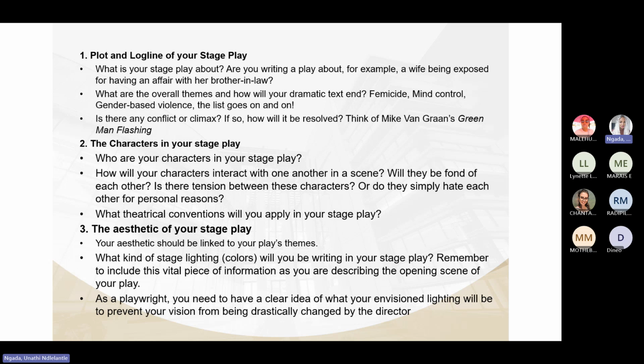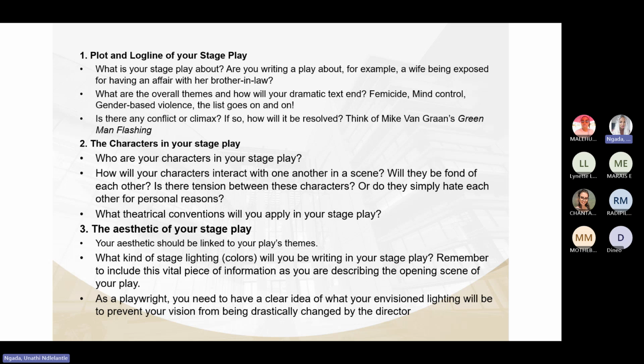Thirdly, you have to consider the aesthetic of your stage play. So this here should be linked to the theme of your play. What would the overall aesthetic be? Would it be something that is dark?